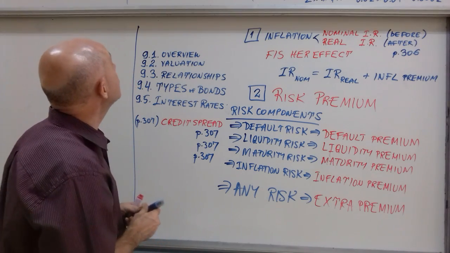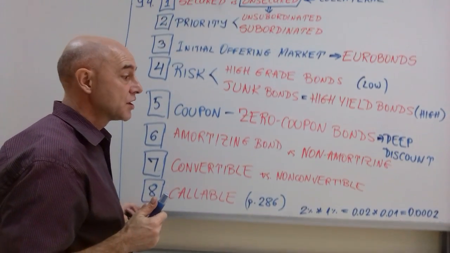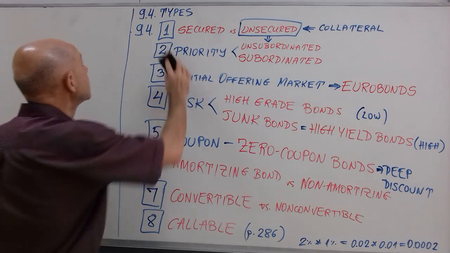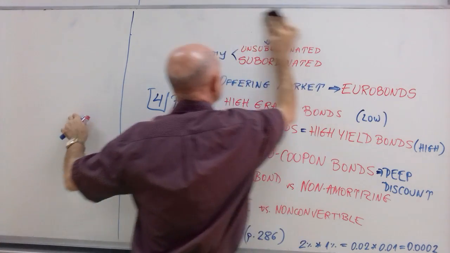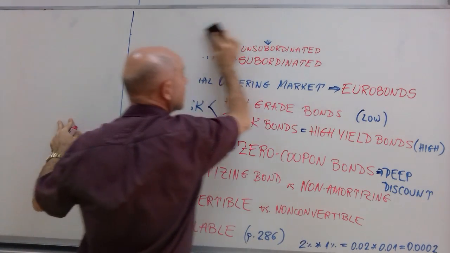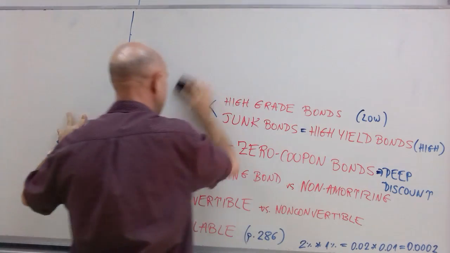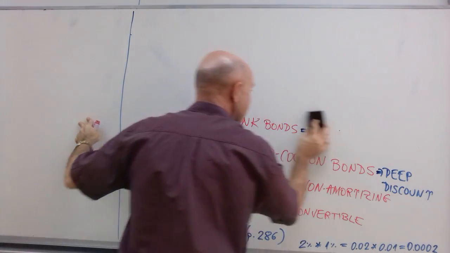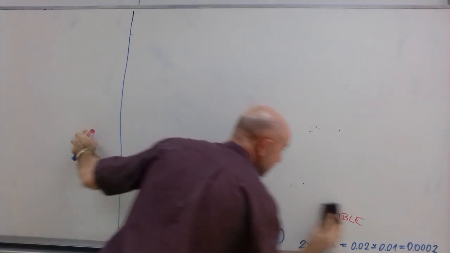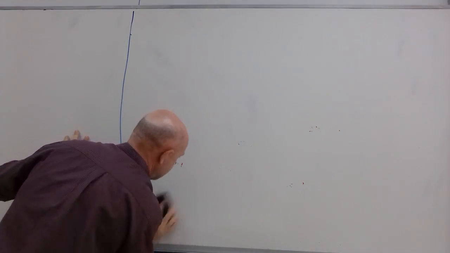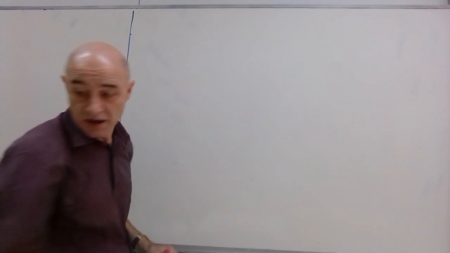And now we get to the next thing called the yield curve. 9.4, we are now at 9.5. All right.